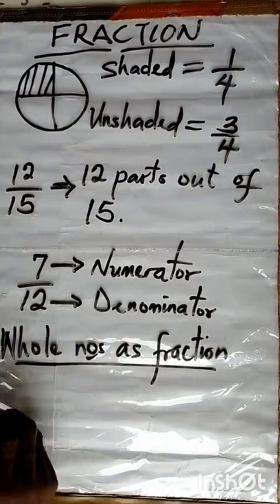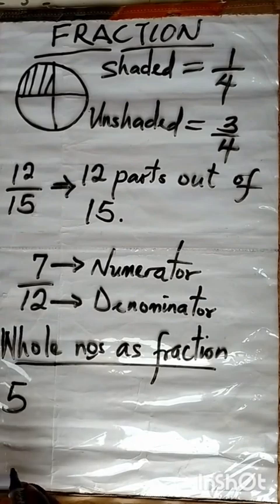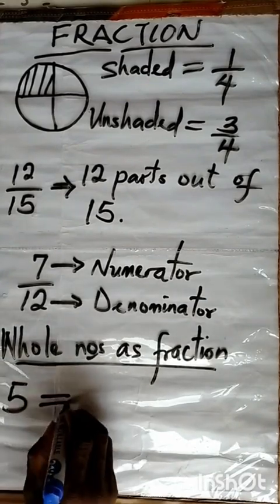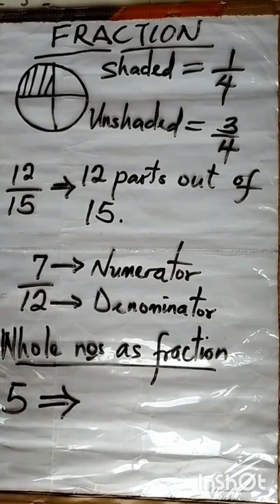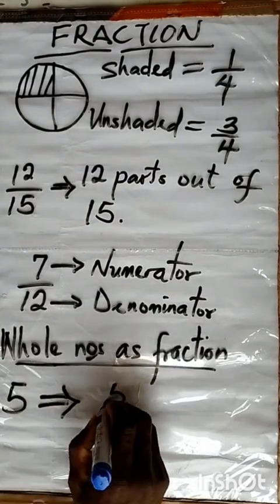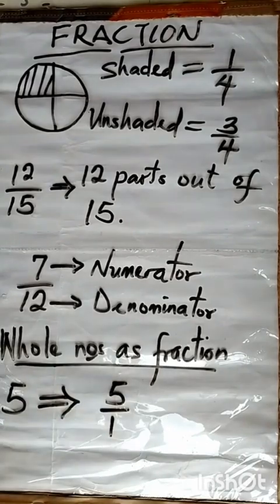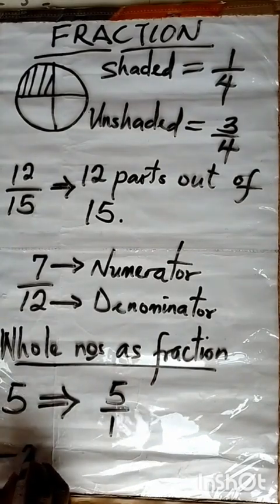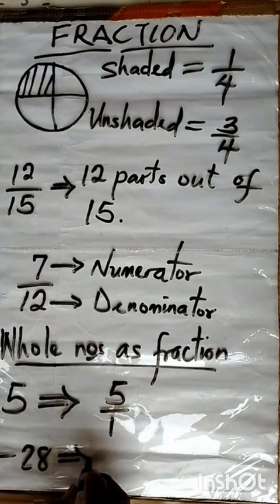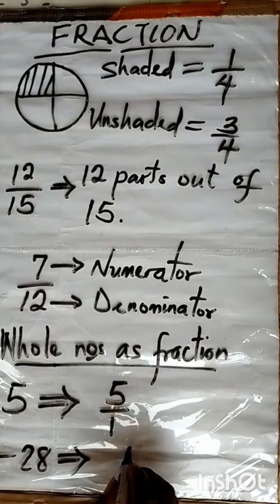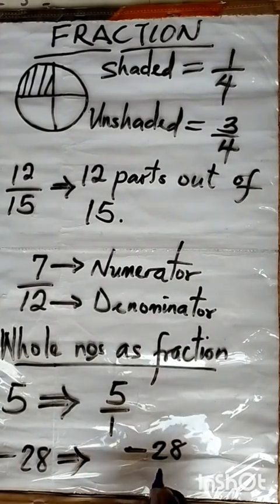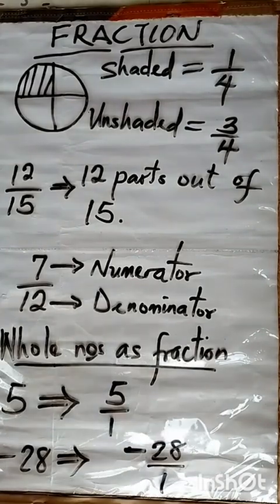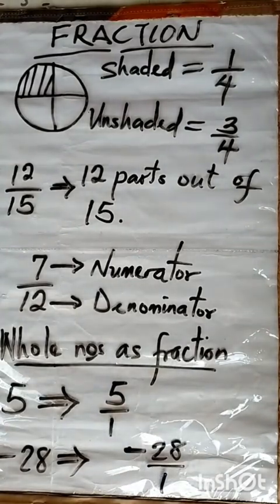When you have a whole number, say 5, and you want to make 5 become a fraction, you just make it 5 over 1. If you have -28 and you want to make it a fraction, it becomes -28 over 1. This is how we make a whole number become a fraction.